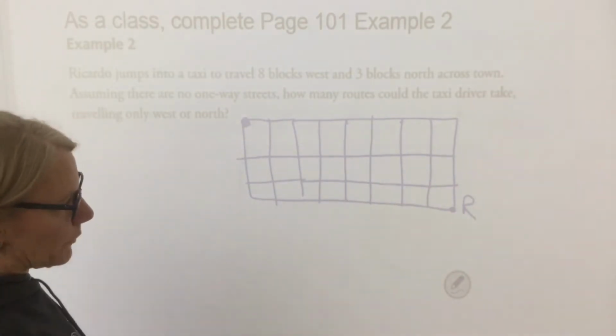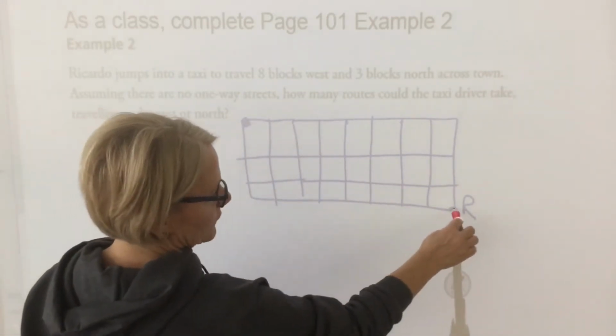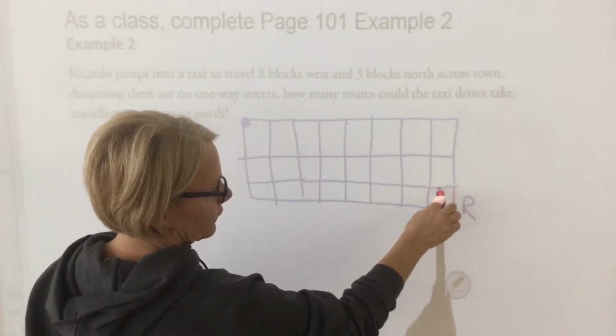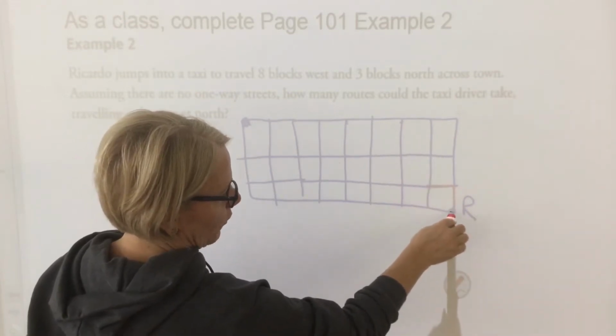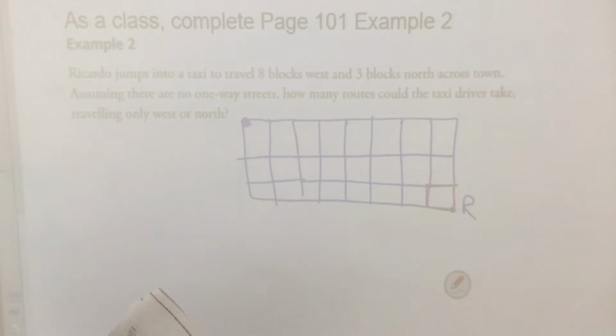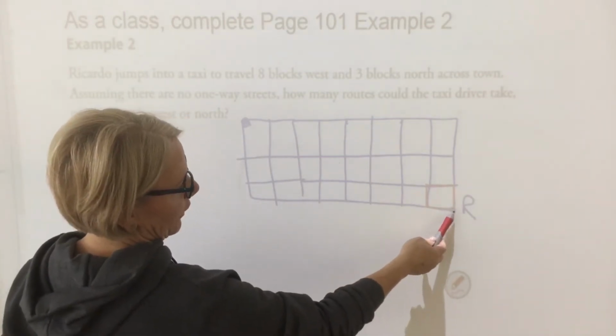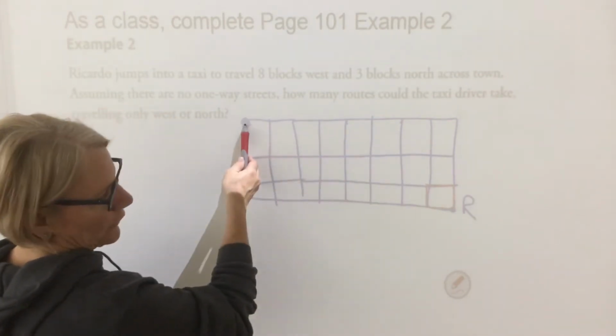So this ends up being a repeated object because if we think about the number of ways to get there, if I'm going north and then west, or if I go west and then north, it's repeated. We do need to count them twice, but we don't want to double count. So what you do in a case like this is we're going to count the number of blocks that it would take Ricardo to get from here across town.